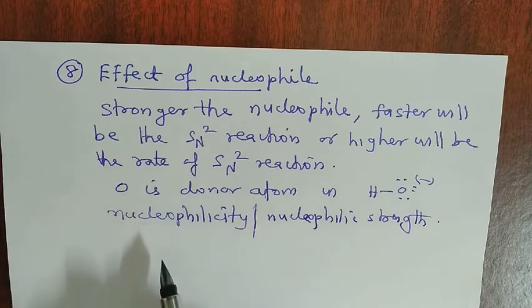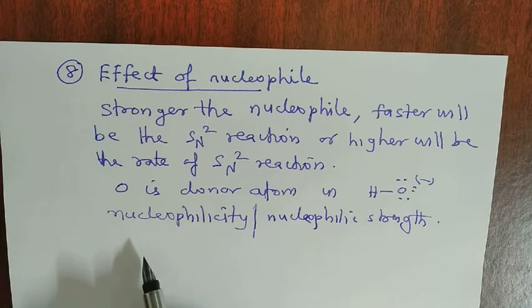It is an ability, and hence it can only be compared among a set of nucleophiles. That is, it does not have an absolute value. Based on the nature of the donor atom, there are three generalizations about nucleophilic strength.